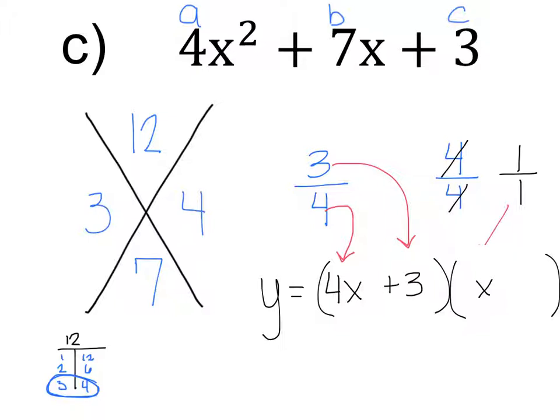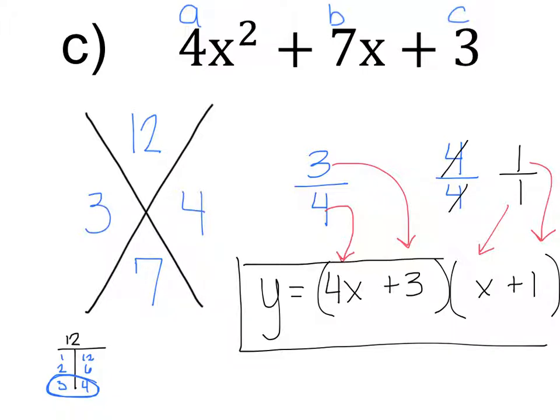And then these two come in to the front and the constant. So our factors are 4x plus 3 and x plus 1. If you FOILed that back out, you would come right back to 4x squared plus 7x plus 3. If you need to pause it, pause it. If not, we'll keep going.